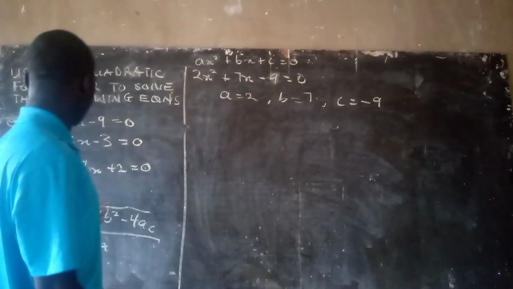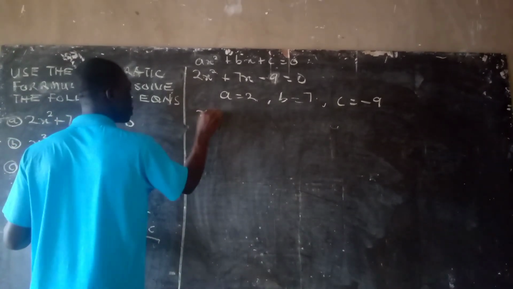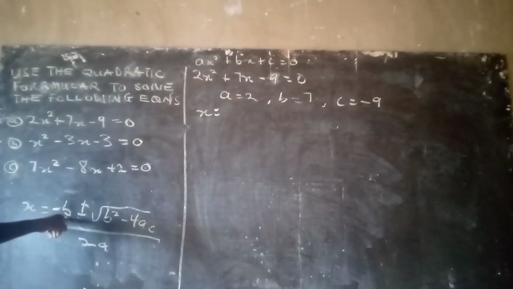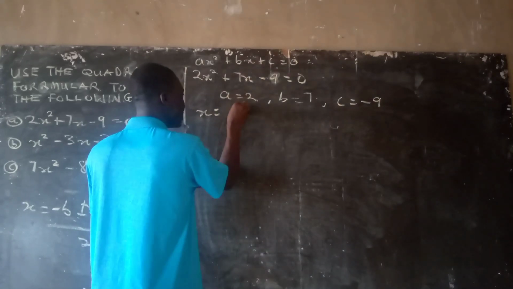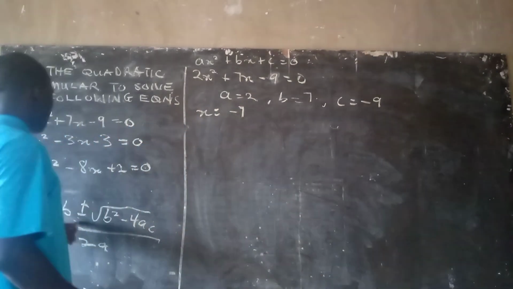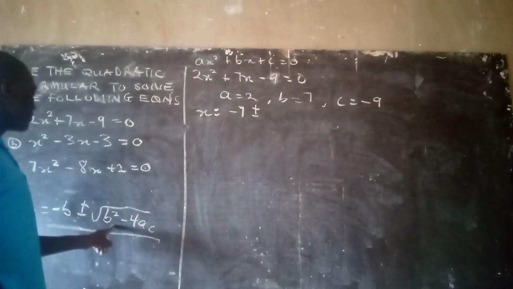Then now you can write the formula and substitute these values. So you have x is equal to negative b. b is 7, so negative b is negative 7, plus or minus the square root of b squared.